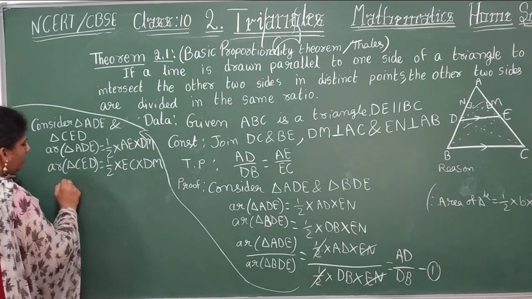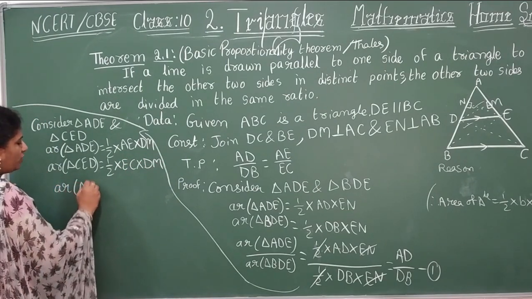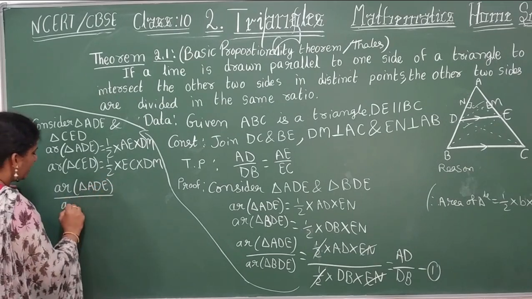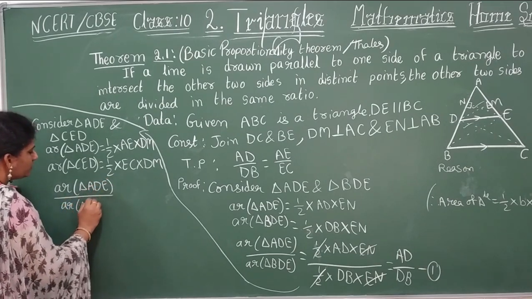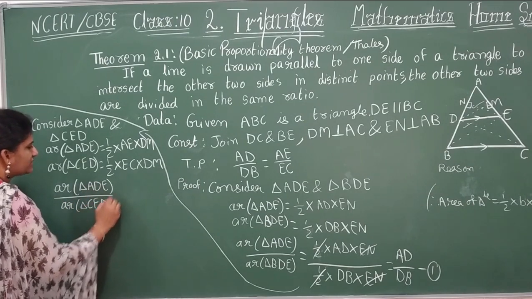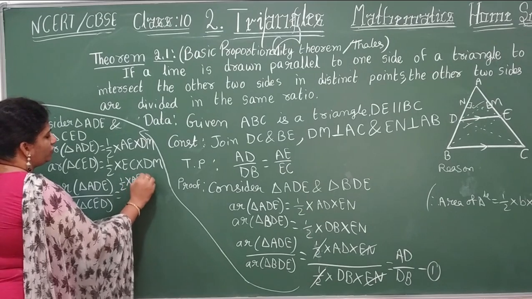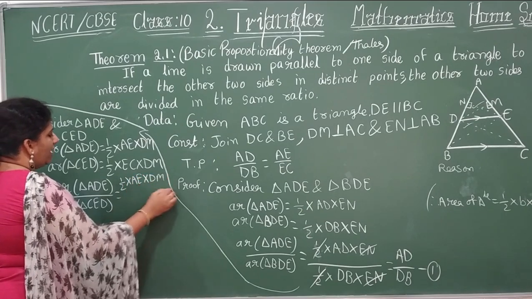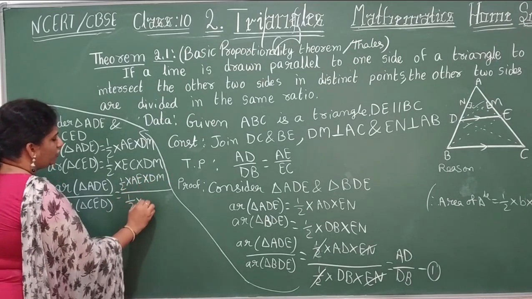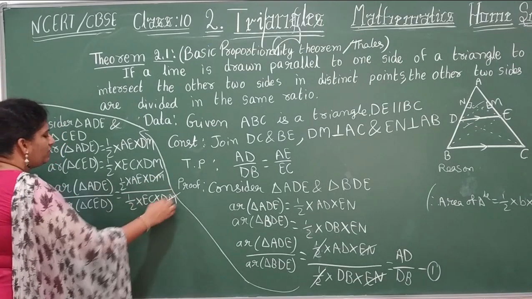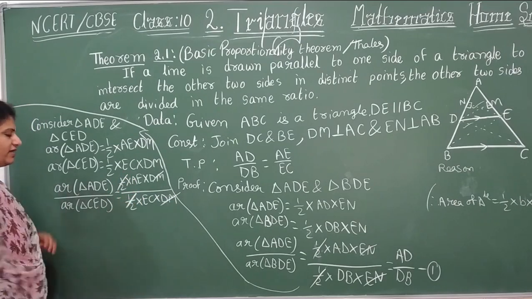Now, on dividing these two areas, what happens, children? Triangle ADE by triangle CED is equal to half into AE into DM by half into EC into DM. DM cancels, half cancels.